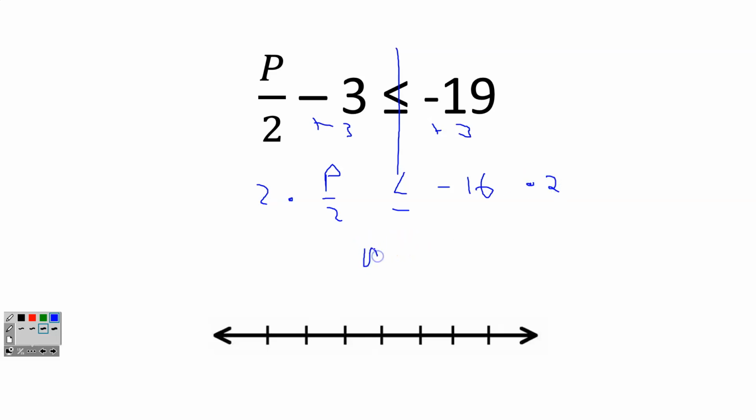And we end up with p is less than or equal to negative 32. So if negative 32 is right here, then we're going to use a closed circle, and we're going to go in the less than direction.